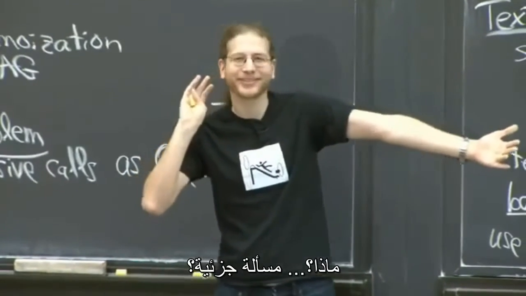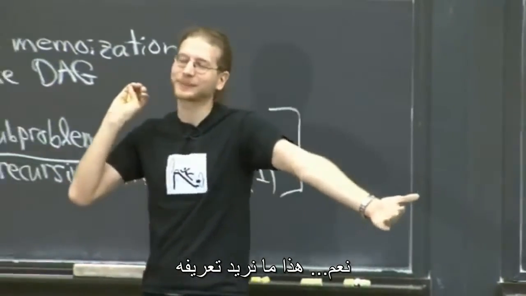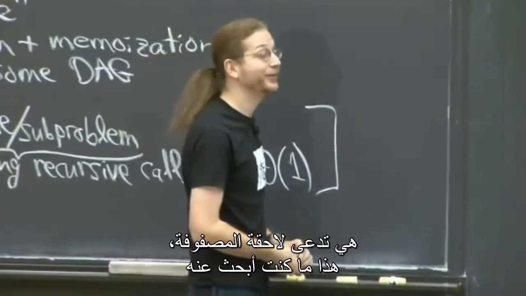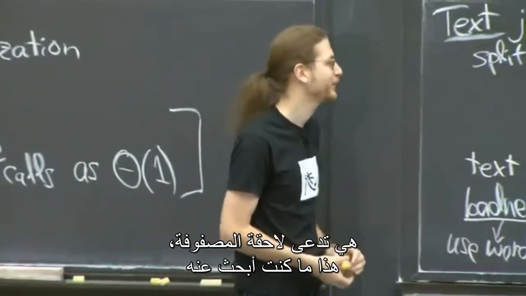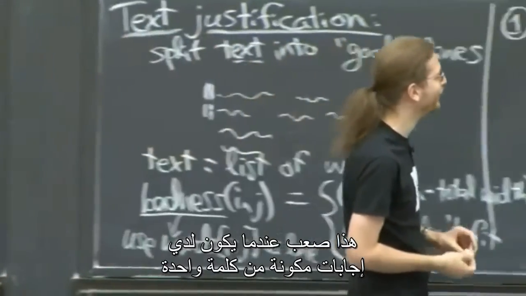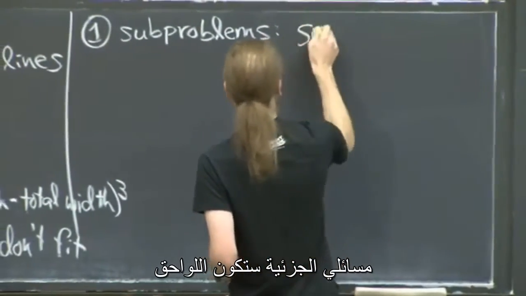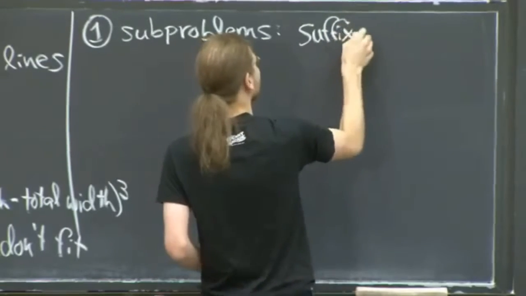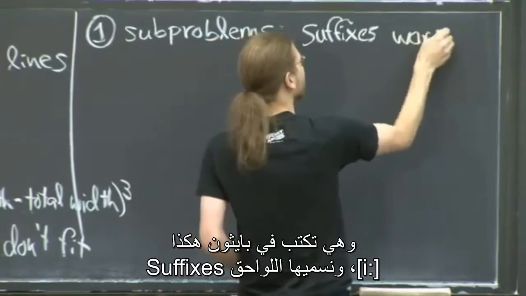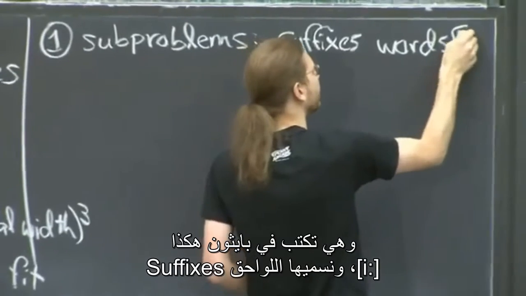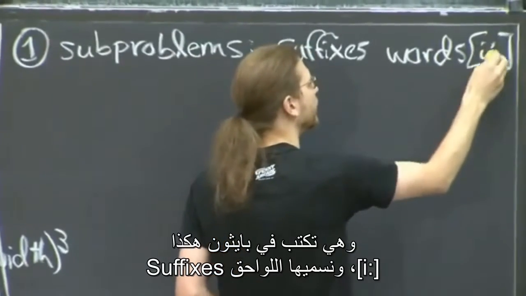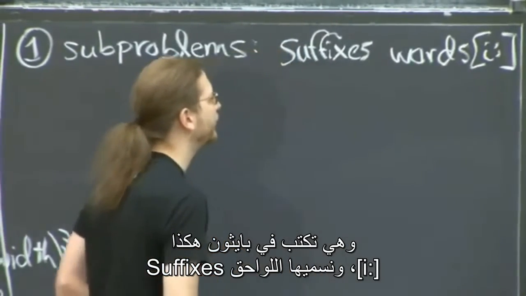A subproblem, yes, that's what we want to define. It's called a suffix of the array. That's the word I was looking for. It's tough when I only have one word answers. So my subproblems are going to be suffixes, which in Python notation is i colon. They call it slices.